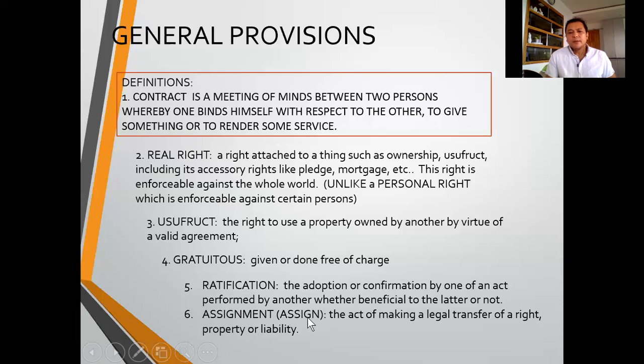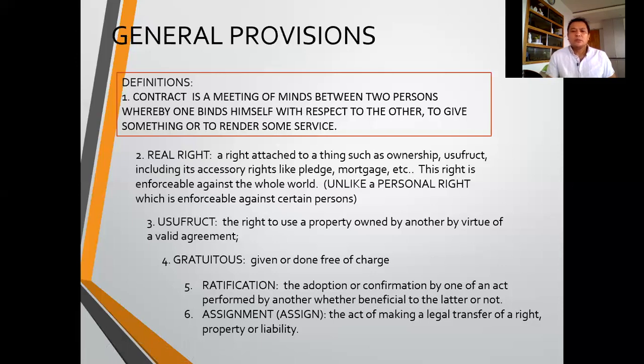Assignment, or assign. This is the act of making a legal transfer of a right, property, or liability to another. So if I have a property and I assign it to you, I am legally transferring my right to this property to you.